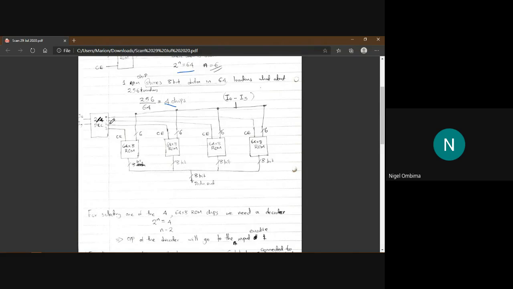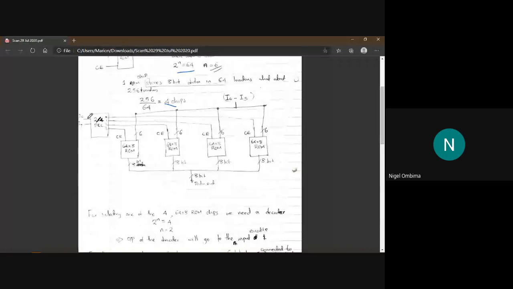And now the output of the decoder is going to the input enable of each ROM. This is the fourth one, third one, second one, first one. Okay, this is supposed to be a straight line.